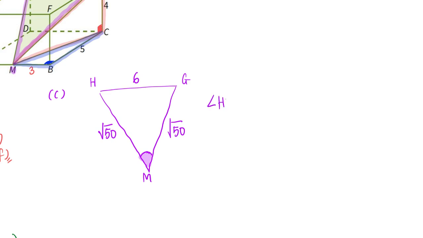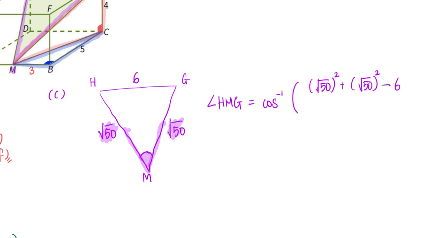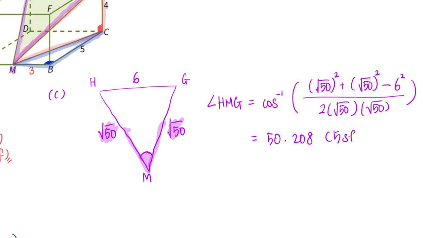So angle HMG is simply the cosine inverse of, starting with the 2 sides that make the angle, square root 50 square plus square root 50 square minus 6 square, over 2 times square root 50 and square root 50, and this will give me a value of 50.208 to 5 significant figures. Final answer, 50.2 degrees to 1 decimal place.